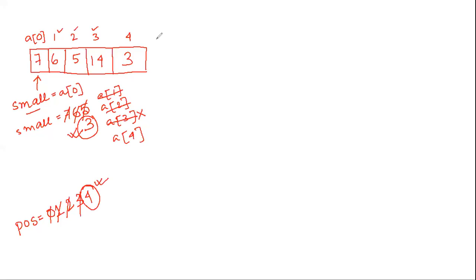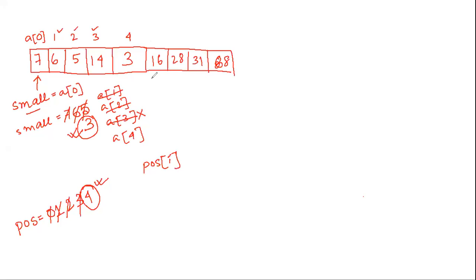Now, one thing is there: this position will only change whenever it is updated. Suppose here, Kaushal, do not write anything on the whiteboard, please. Suppose here I have few other elements. I have 16, 28, 31, 6, 8.